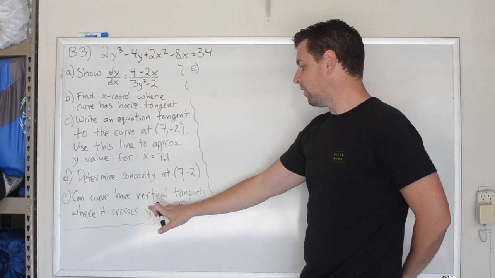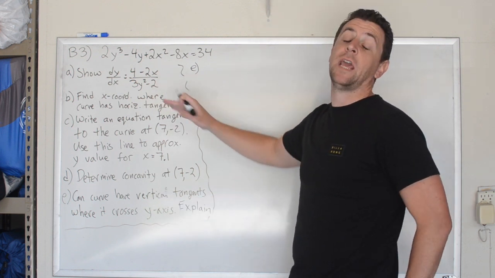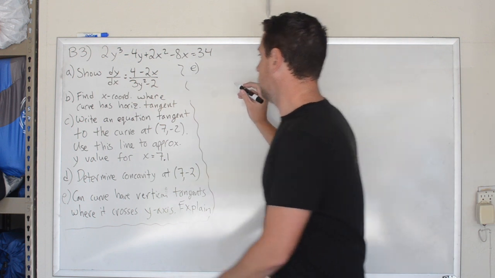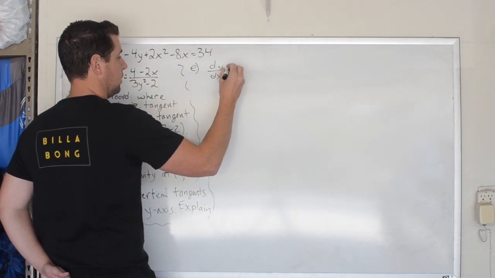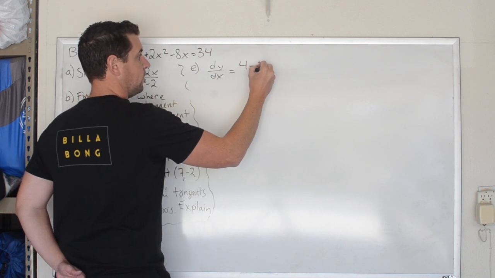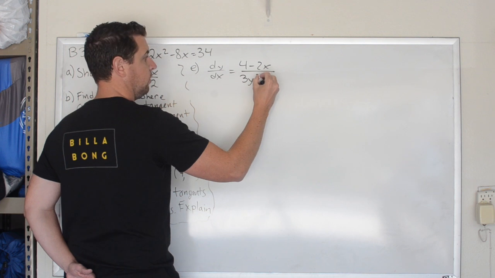First, I want to see, can the curve have vertical tangents? I want to see where the curve would even have vertical tangents. So that's when I have dy/dx equals (4 minus 2x) over (3y squared minus 2).